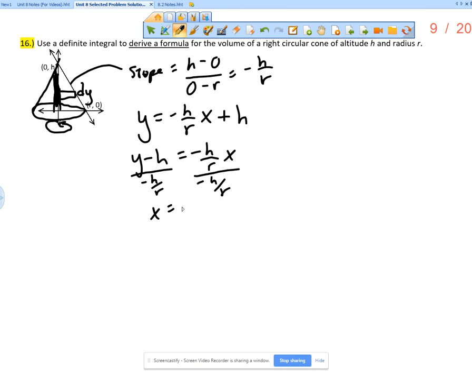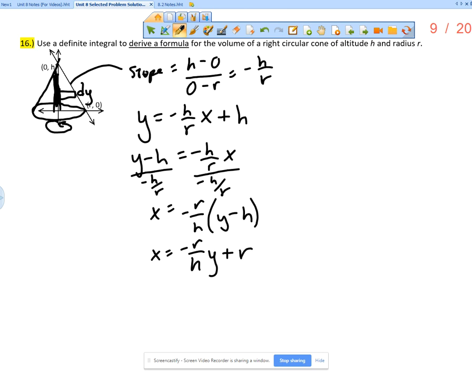Instead of dividing by negative h over r, I'm going to multiply by negative r over h times y minus h. If I simplify, I get x equals negative r over h times y plus r, because when I multiply this, the h is reduced and it becomes just r. So that is our x equals equation.